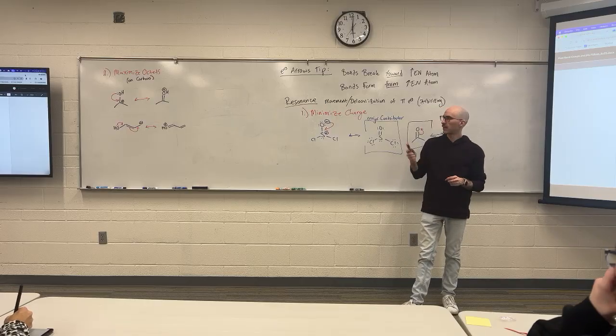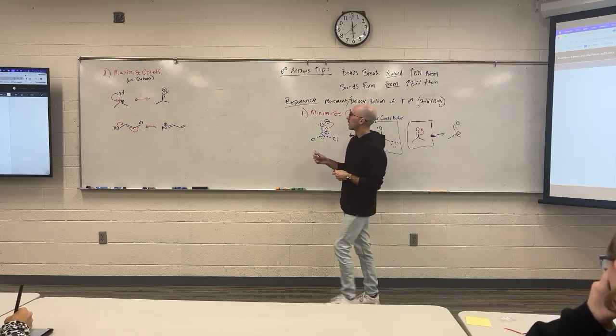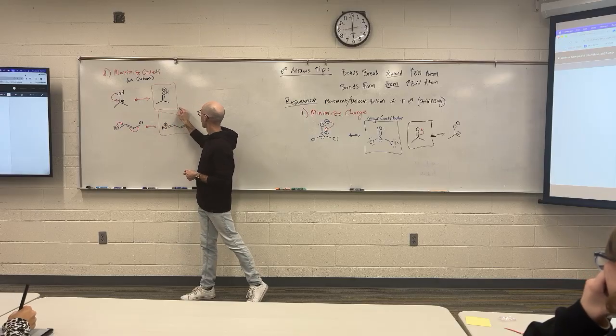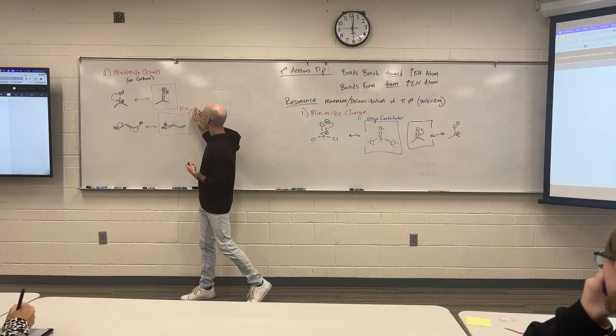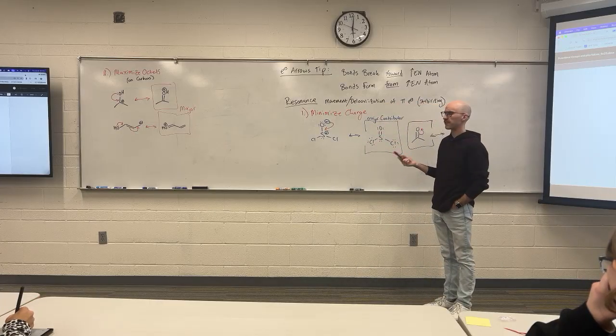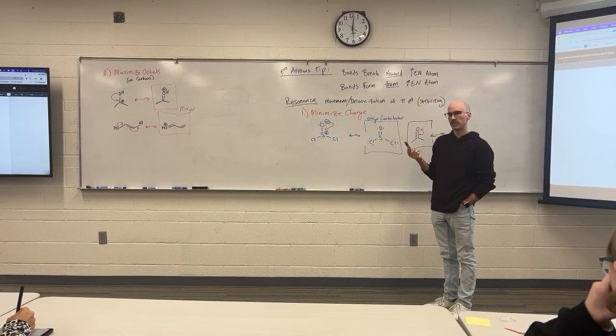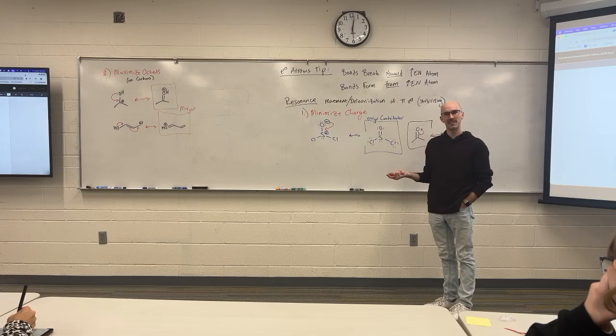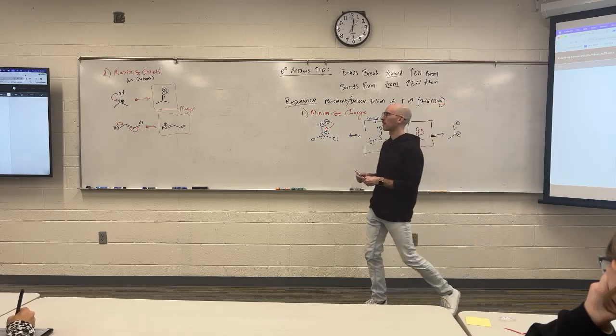Now you may be wondering about these major contributors on the right-hand side. And you may be concerned about the fact that oxygen is holding the positive charge instead of carbon. Because earlier today we were talking about resonance, and we said placing a negative charge on oxygen is better than placing it on carbon. So why is placing a positive charge on oxygen better than placing a positive charge on carbon?